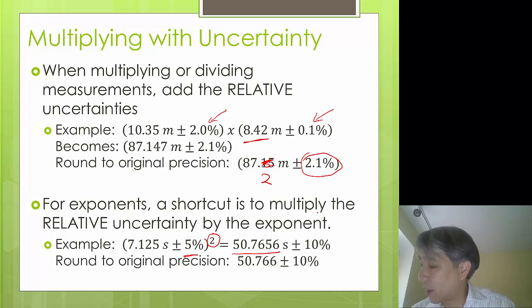And then my uncertainty gets multiplied by 2. 2 times 5 is 10. So that's where that comes from. And I have to round that to my original precision, or pay attention to significant digits. So my original precision went down to the thousandths of seconds, so I want to keep it at thousandths. Or using sig figs, it becomes 50.77 plus or minus 10%. Okay, thank you.